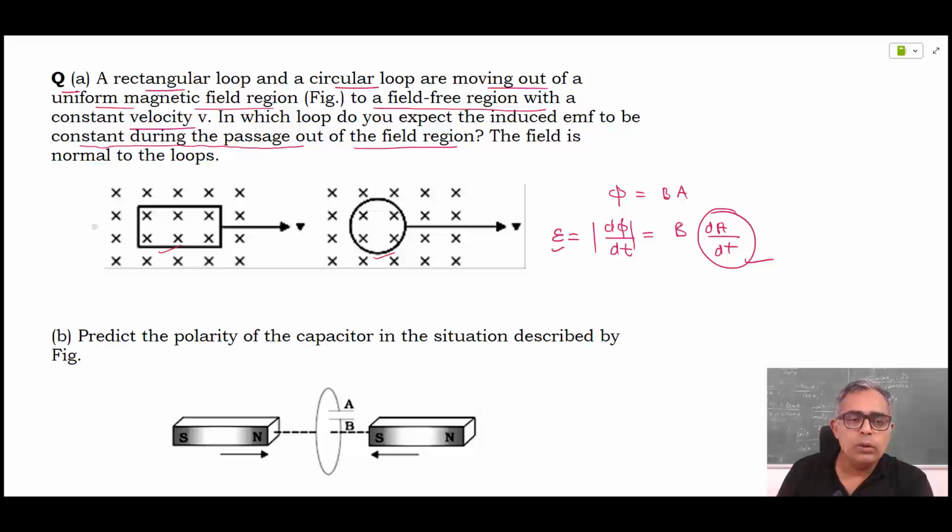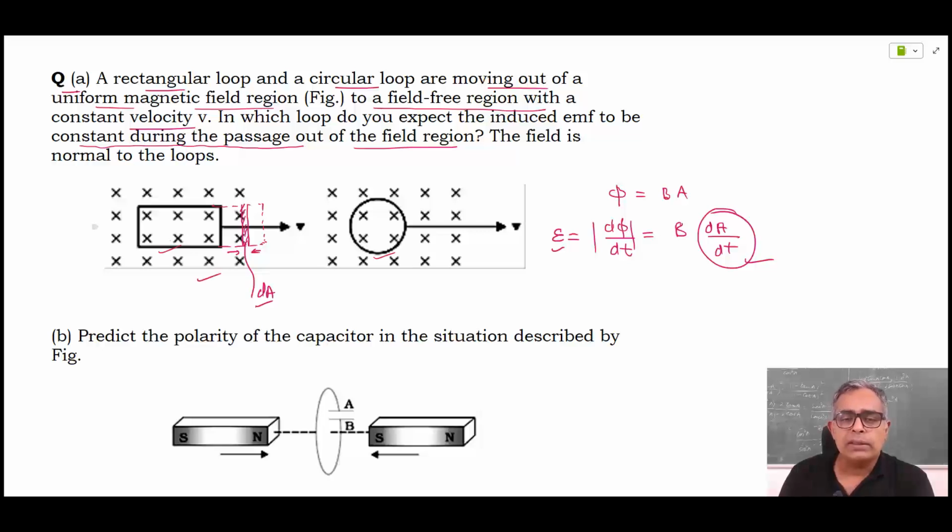Now when you pull the loop out, for every second, the small amount of area that is coming out of the magnetic field is basically constant. So for this rectangular loop, definitely the EMF that gets induced is constant.